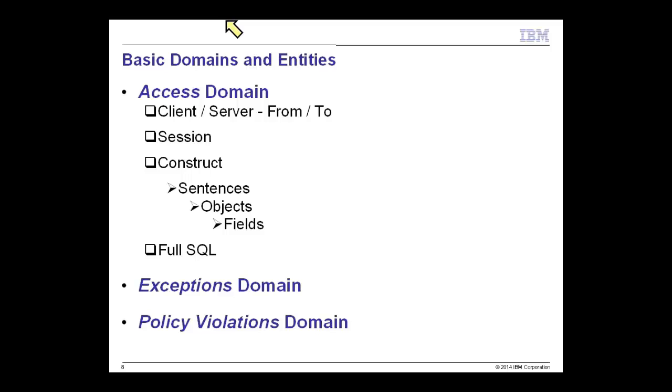This access domain will contain entities. We start from the client server, which is the from-to. That will define which database has been accessed and from where. That will include client IP, server IP, host names, database user that was used to connect to the data, source program, etc. And every time we see a new one, we write it down.